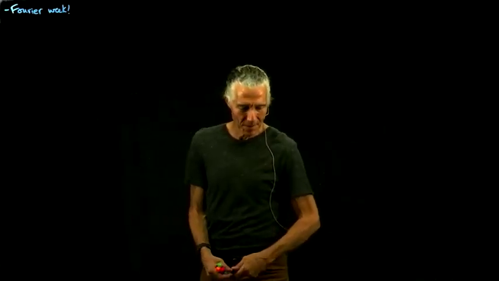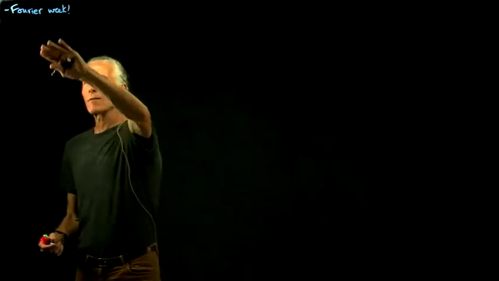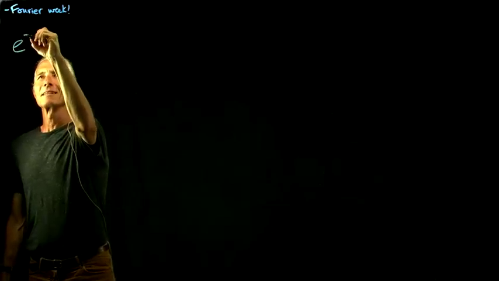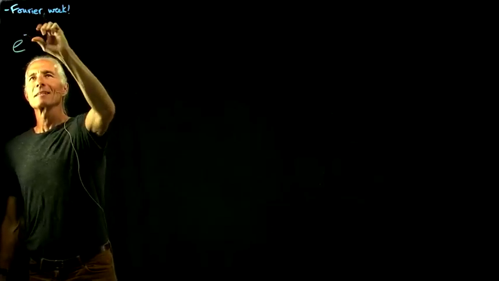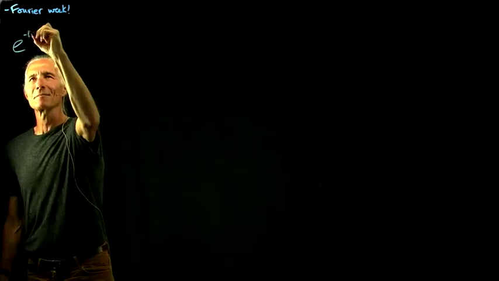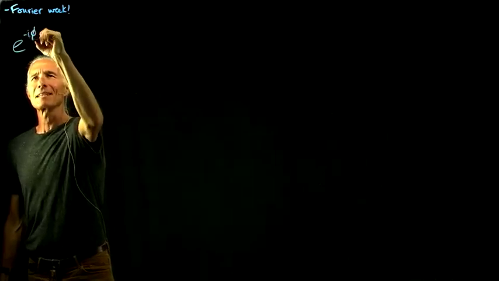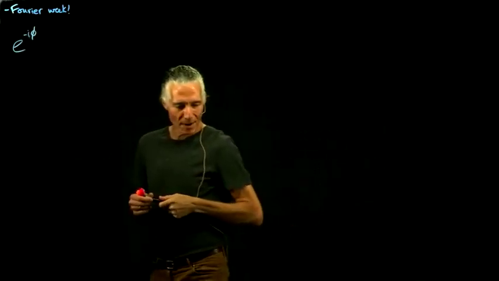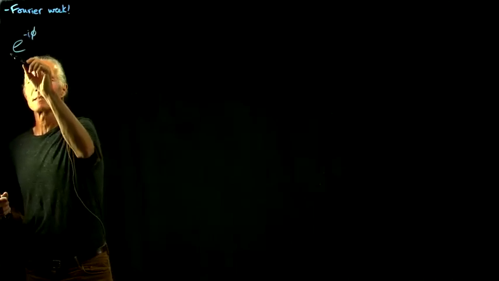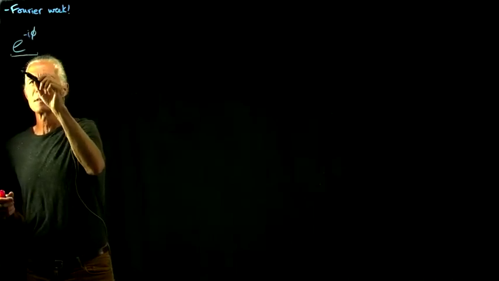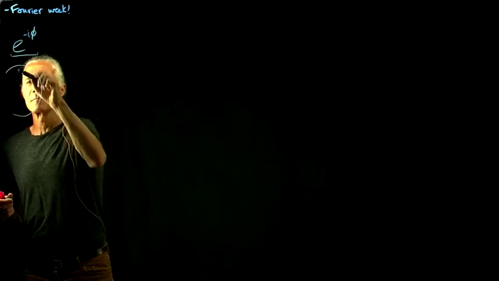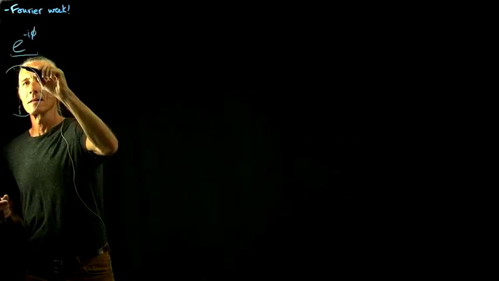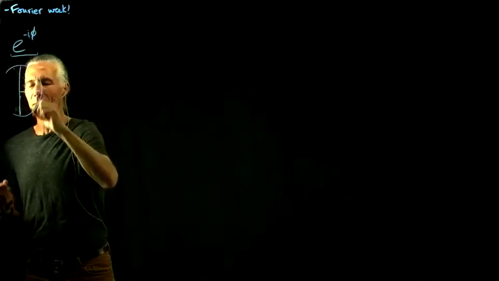So the Fourier transform has this e to the minus i, say, phi, and write t. What is going on? We already talked about that, and one easy way of thinking of this whole thing is as a two-dimensional vector of length 1.